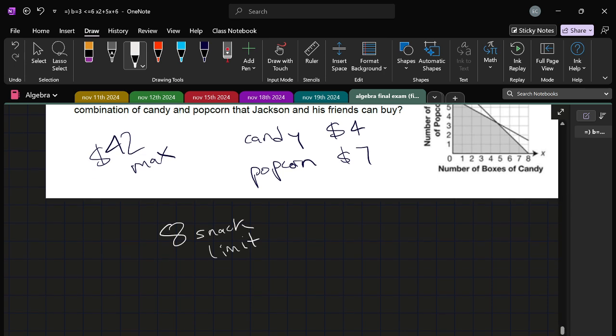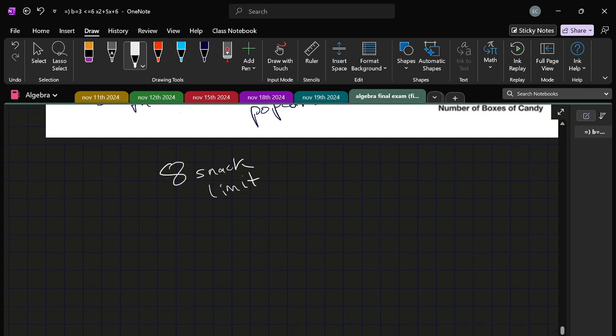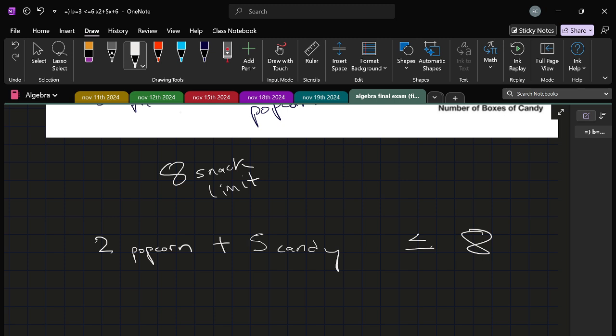And for writing these on your own, try to start from the ground up and see what you have to multiply by, if you have to multiply by anything for writing inequalities. So like, let's say we get 2 bags of popcorn plus 5 boxes of candy. We wanted to test to see if that was less than or equal to 8, right? We know, obviously, that this is just quantity, so 2 plus 5 is less than or equal to 8.